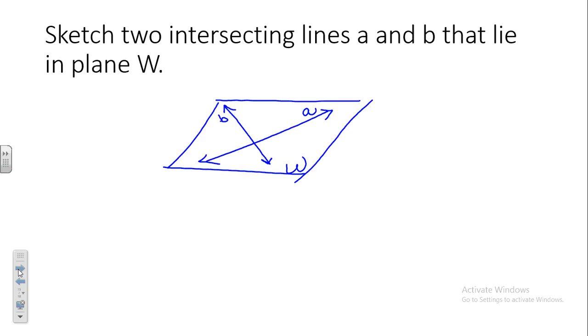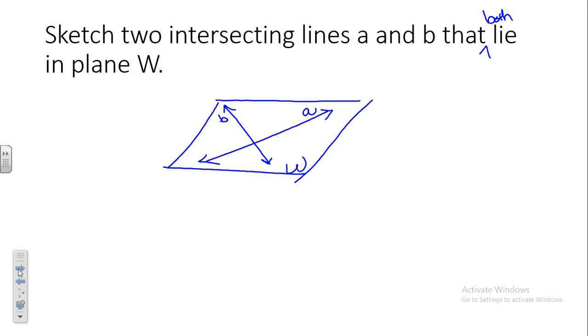We want two intersecting lines that will both lie on plane W. Okay, hold that thought, it's coming. Does that make sense to everyone? They're implying that these two lines are on that plane, both of them.